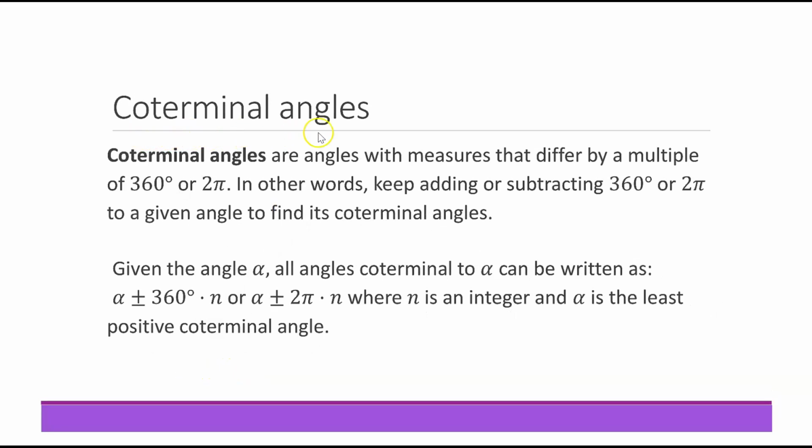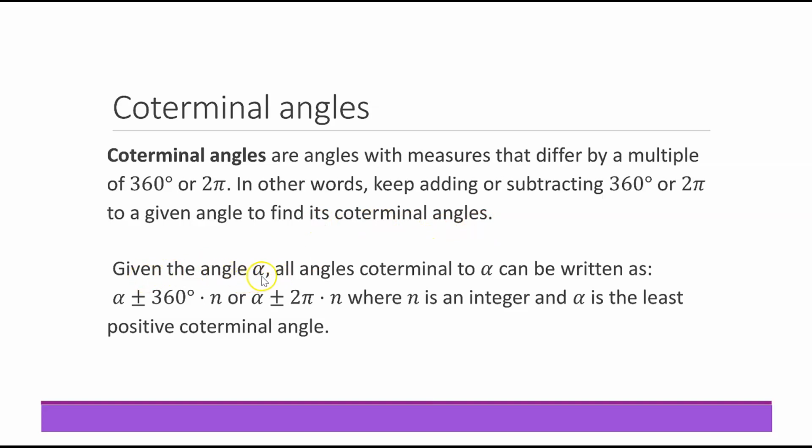Let's define coterminal angles. Coterminal angles are angles with measures that differ by a multiple of 360 degrees, or 2 pi. In other words, keep adding or subtracting 360 degrees, or 2 pi, to a given angle to find its coterminal angles.